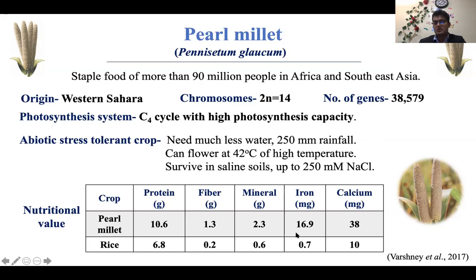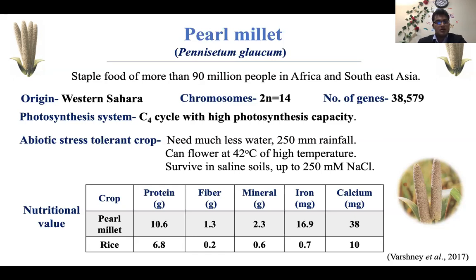High amount of minerals, and almost 30 times higher amount of iron, so it's good for pregnant and lactating mothers. It has 3 to 4 times higher calcium content. So again, it's good for infants or lactating mothers. So it is a highly nutritious crop with a good nutrition profile.